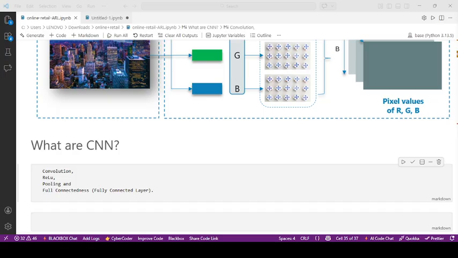Next we shall see what these are. Let's begin with a simple example, to see how these layers work. Let me show you the example image.